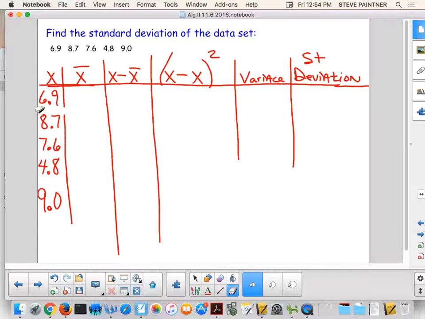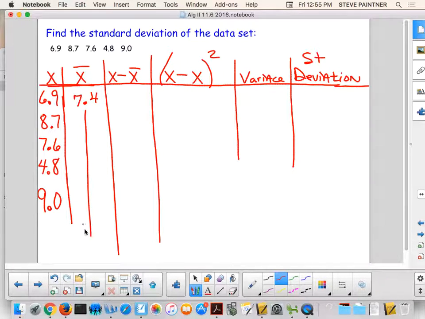By now, you've probably got the average, and I really don't want you to go on unless you get the average right. So what was it? 7.4? Okay. I believe that is correct. 7.4 in that column.